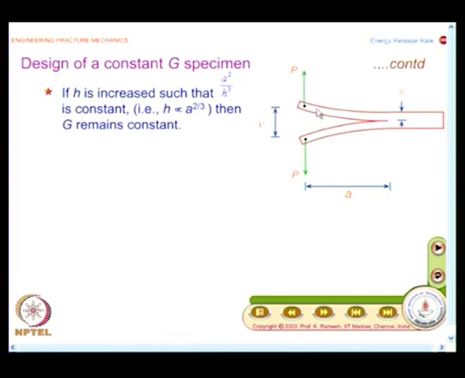Once you have a larger specimen, you will also have to look at certain other considerations. We will also have a brief look at that. So, what it shows is I can make G constant by having a variable H which is proportional to A power 2 by 3. In essence, I would maintain A squared by H cube as constant.